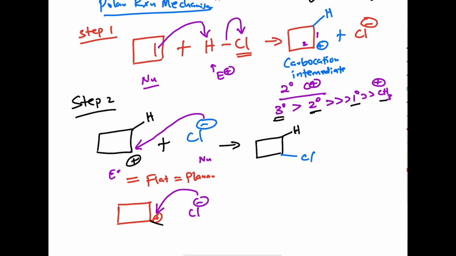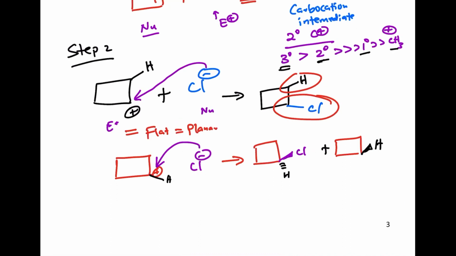There's a hydrogen here that we're not showing now. If the chlorine adds from the top, you end up with the chlorine coming out like that and the hydrogen going in, plus the second product where the chloride nucleophile adds from the bottom to the carbocation, and therefore you end up with the chlorine going in and the hydrogen coming out.